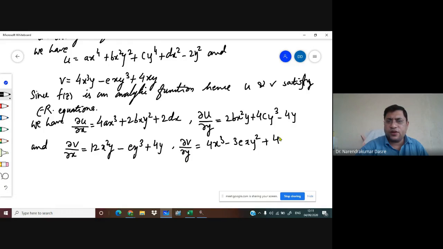Here we have 4x because we are finding the derivative with respect to y.